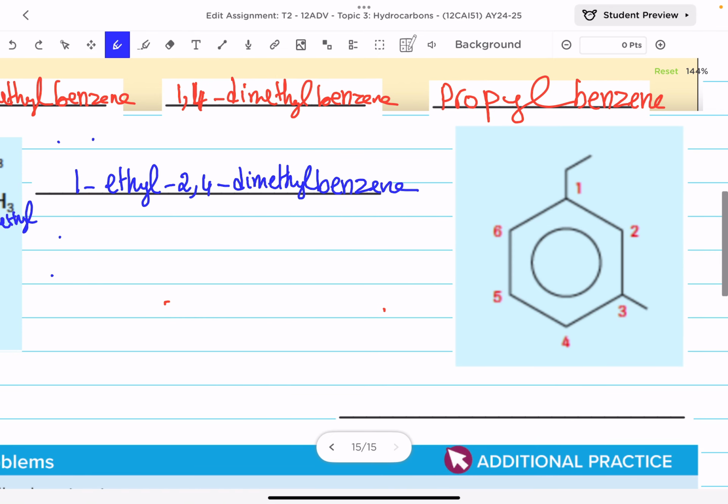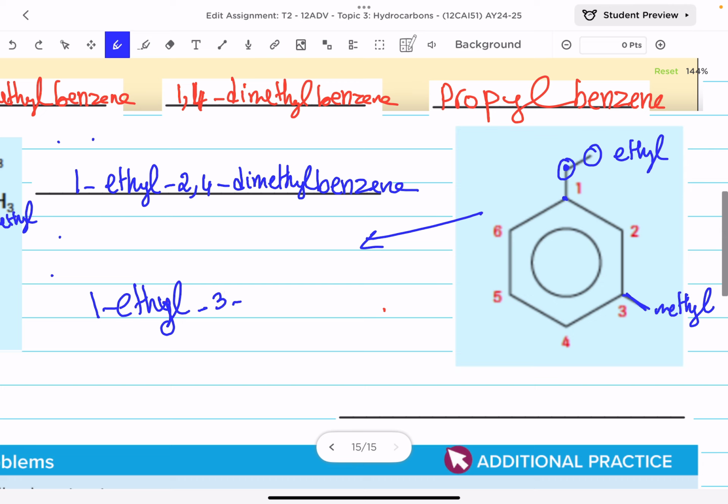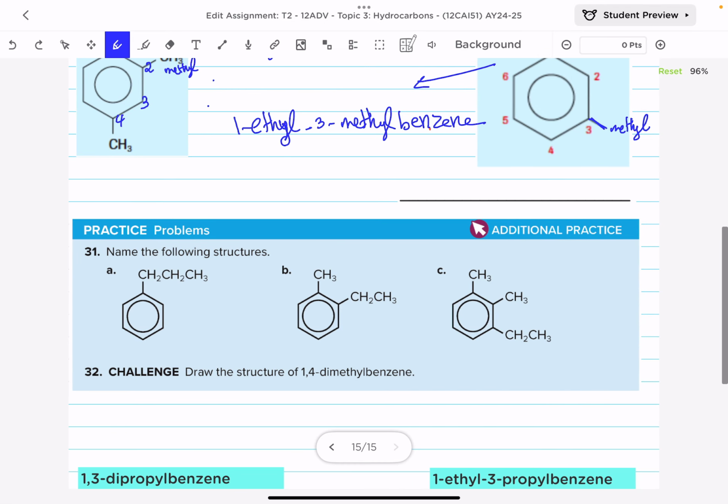Again, this is already numbered for us. On the first, I have 2 carbons, that's an ethyl, and that's 1 carbon, that's a methyl. So I start writing the name following the alphabetical order. So this one will be 1 ethyl, 3 methyl, benzene.